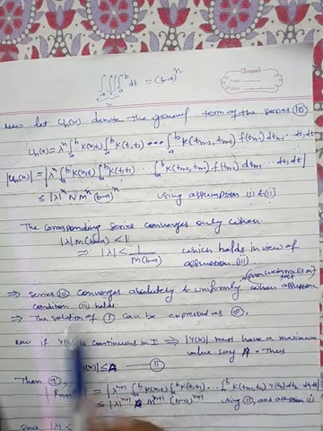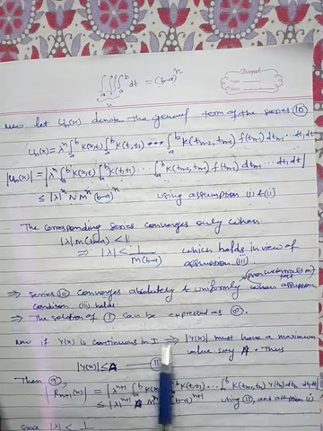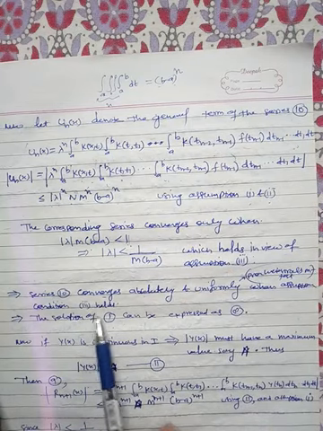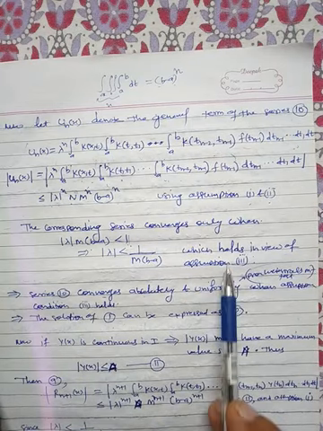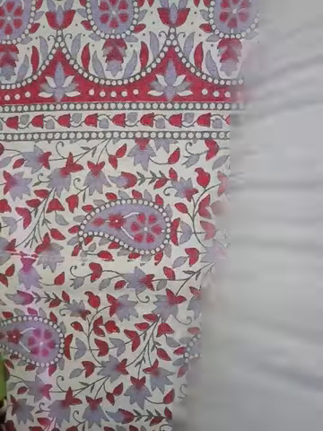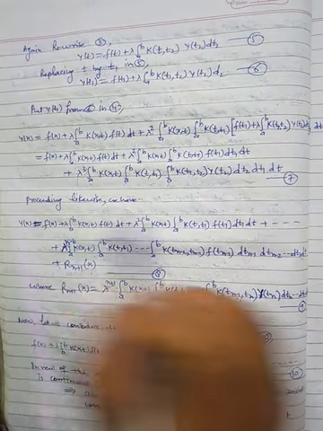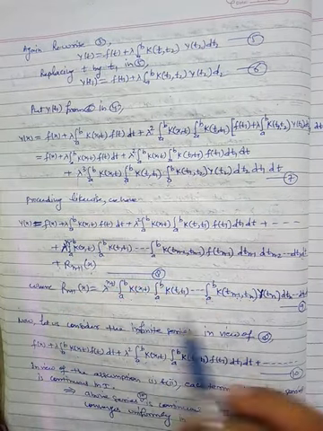So this series converges absolutely and uniformly, due to condition number 3, due to this ratio. So the solution of equation 1 can be expressed as equation number 8. So we can write the solution in this form.